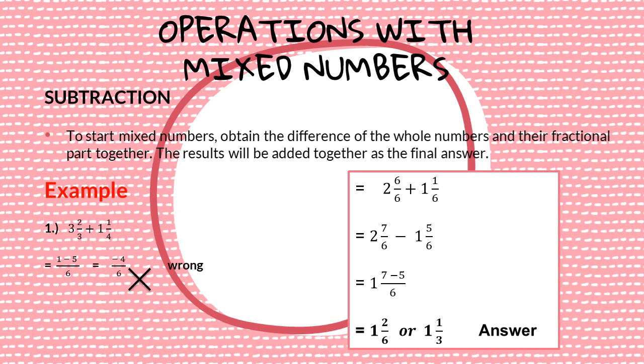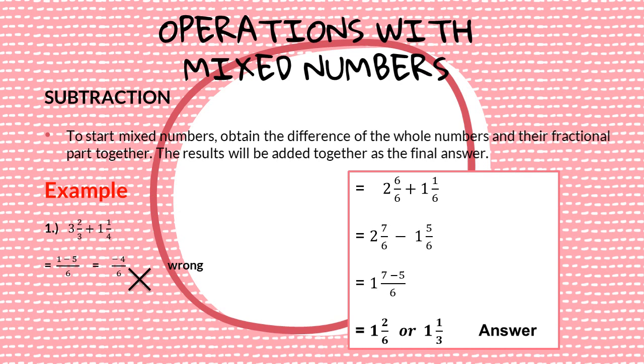Gaya ng ginawa natin sa part ng subtraction of fraction. So, 3 magiging 2 na lang dahil nanghiram tayo ng isang buo. Then, yung hiniram natin na isang buo ay gagawin nating 6/6 para maging similar siya dun sa 1/6, and then i-add natin doon sa 1/6.